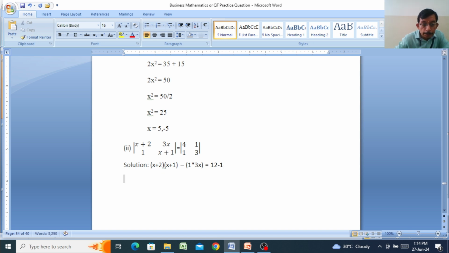The next step, x multiplied by x, then x square. x multiplied by 1, then plus x, plus 2 multiplied by x, 2x, 2 multiplied by 1, then plus 2, minus 1 multiplied by 3x, then 3x, equal to 12 minus 1, 11.